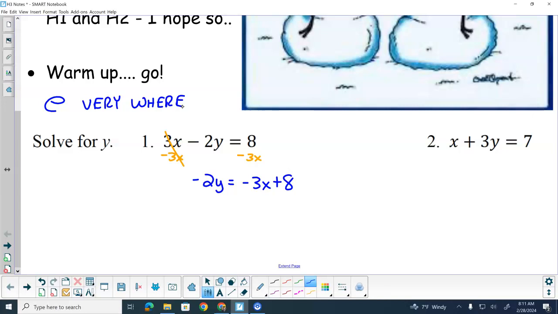Get it? Everywhere. So we're going to divide by negative 2 everywhere. So that means I got to divide by negative 2 there, I divide by negative 2 there, and I got to divide by negative 2 there. Okay? What do we get? What's our final answer?